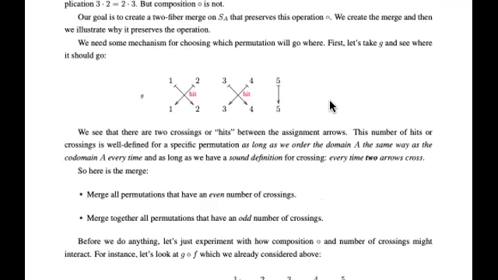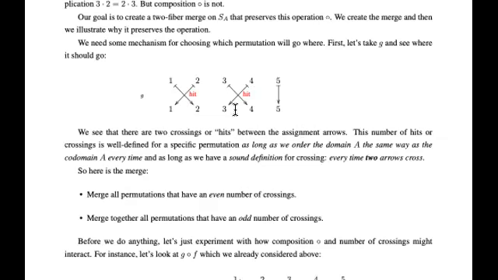So let's just look at a permutation right here. Let's call it G. Notice that as we order our elements this way, 1, 2, 3, 4, 5, 1, 2, 3, 4, 5, and we just draw arrows, we have 2 crossings of these straight arrows.